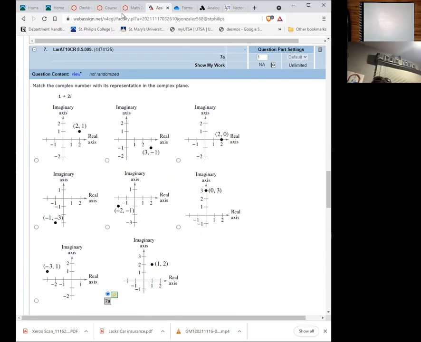This is the imaginary piece. This is the real piece coming from here. Does that make sense? That's literally all you have to do to plot a complex number. Are there any questions on that?